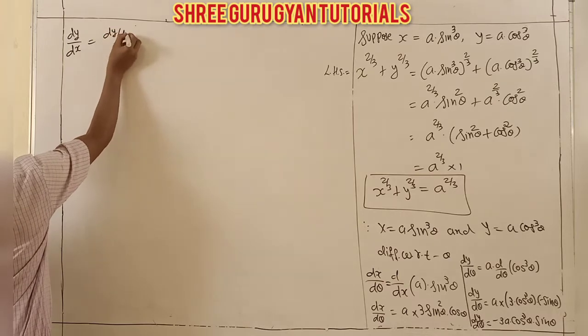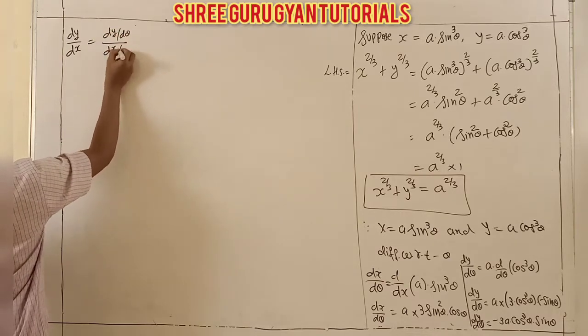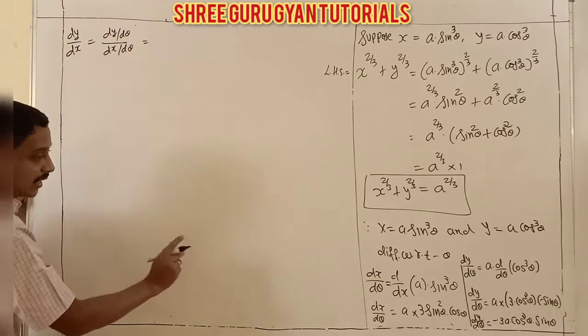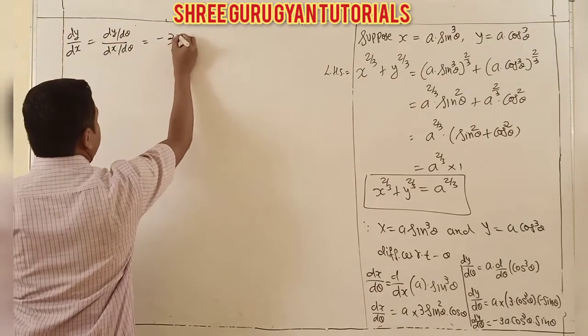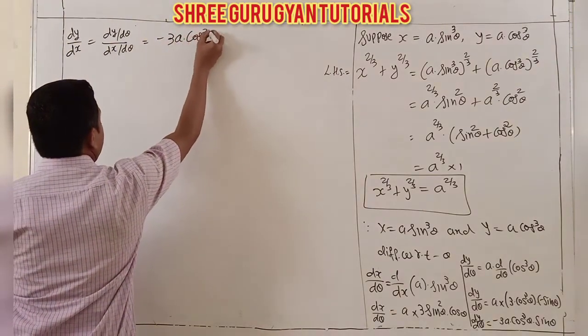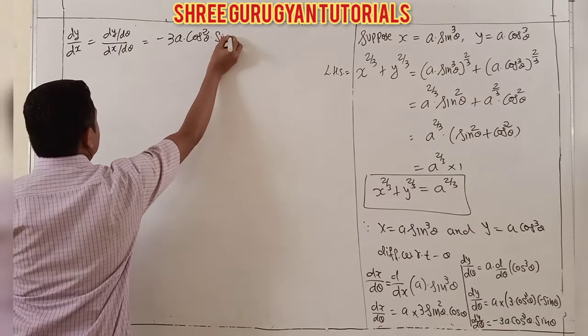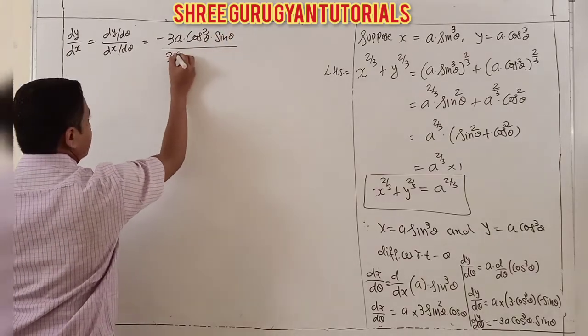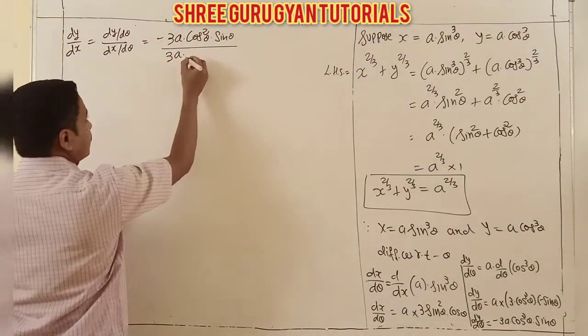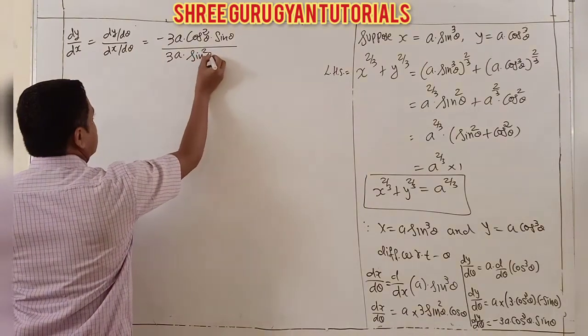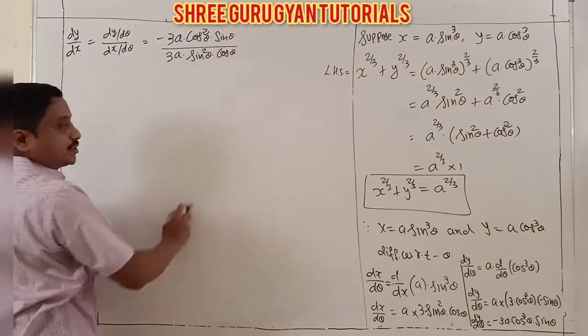dy by dθ upon dx by dθ, and that value is minus 3a cos square theta into sin theta, over 3a sin square theta into cos theta.